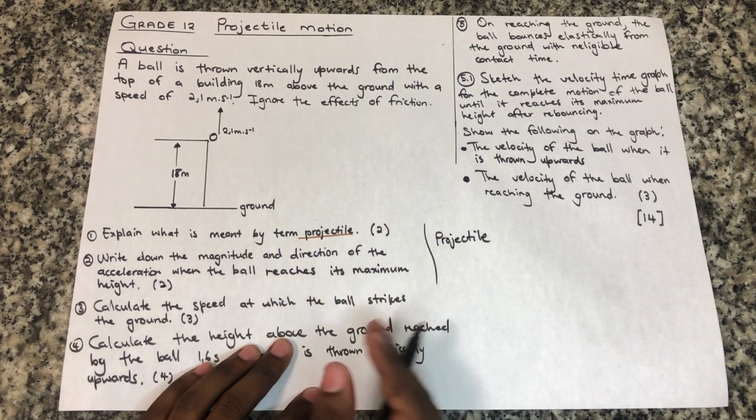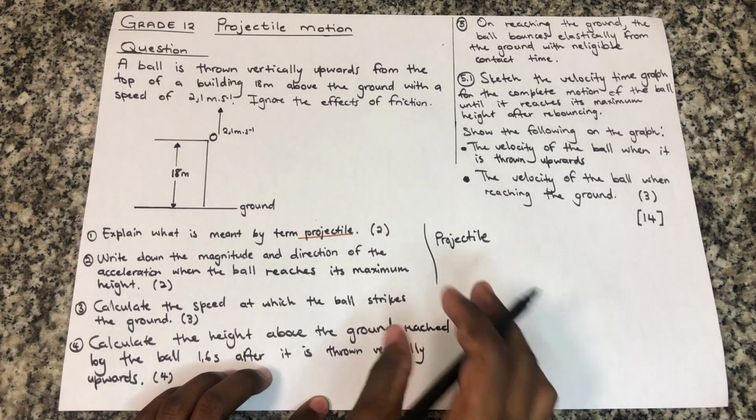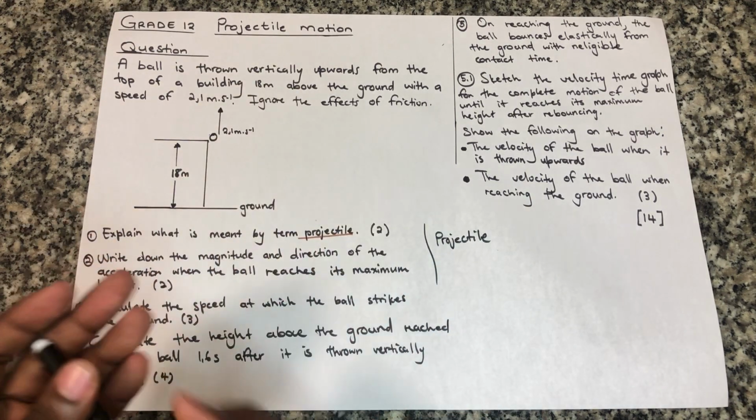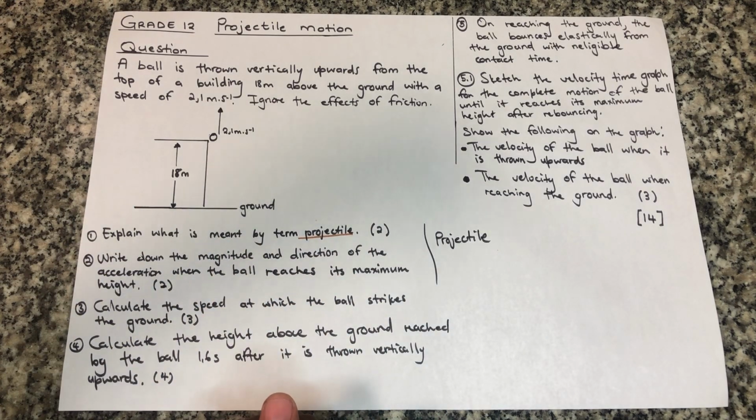You know that a projectile is an object on which the only force acting is gravitational force. If I throw this object upwards, you can see that it comes back. Why does it come back? Because there is a gravitational force that acts on this particular object.